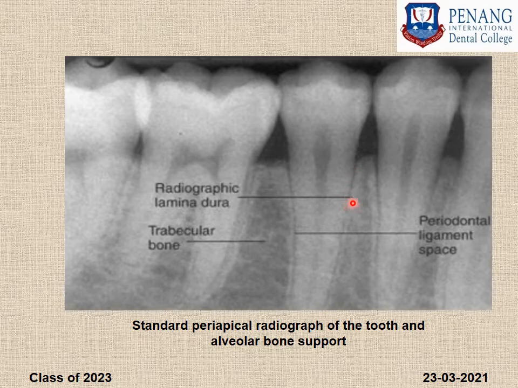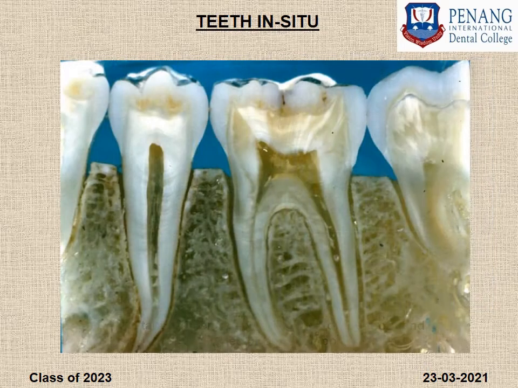Up a little away from this, you can see one more white line which depicts your radiographic lamina dura, or otherwise your alveolar bone starting, or your cribriform plate. So this is a normal picture of your periodontium, and your bone generally starts at around 1 to 2 mm from the CEJ. So you can see the tooth which is there in situ with all its structures present.